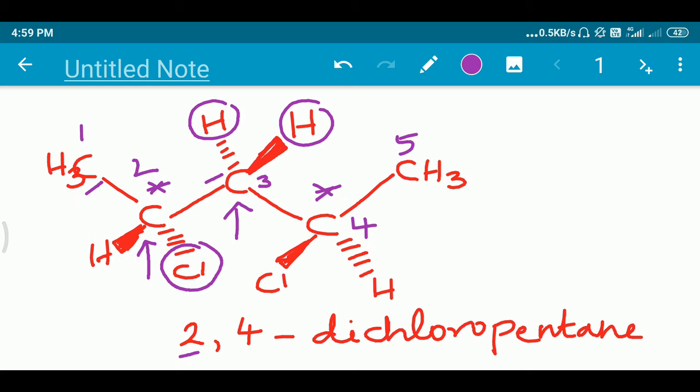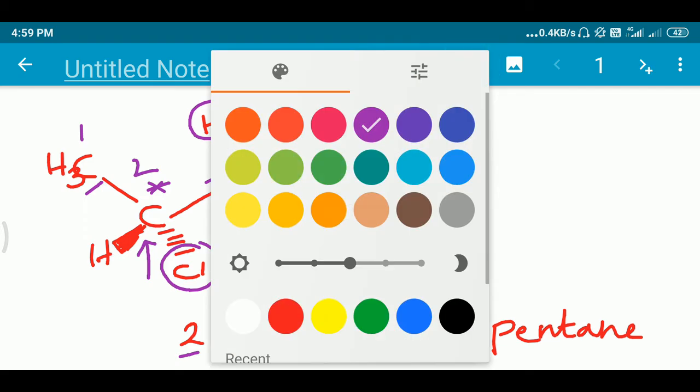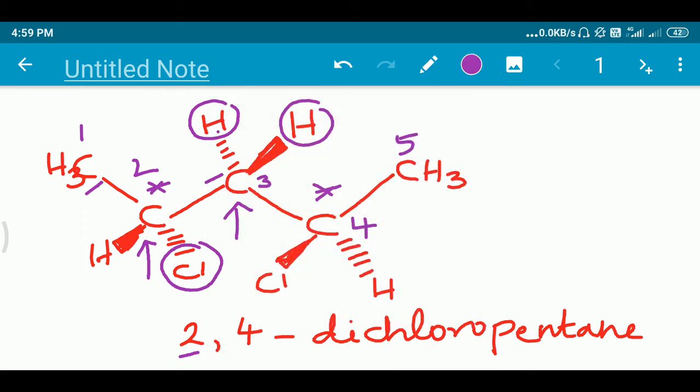This carbon is attached with 3 hydrogens, whereas this carbon is attached with 2 hydrogens and another carbon, therefore this gets the second priority. So this gets the first priority, this gets the second priority, and this gets the third priority.